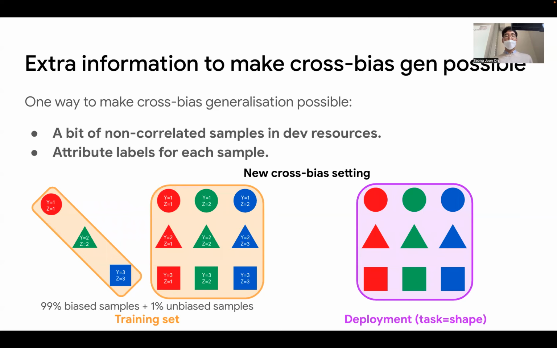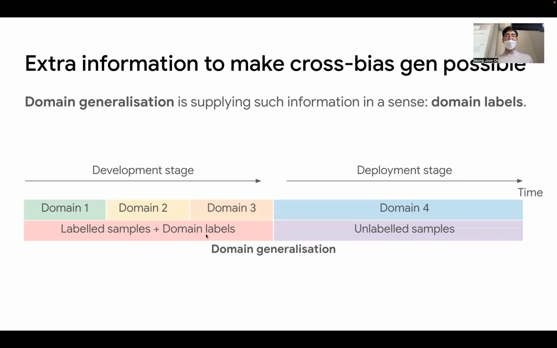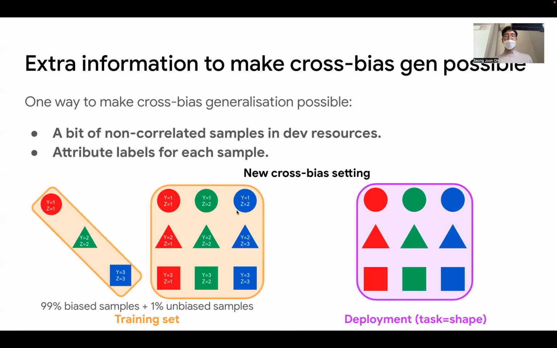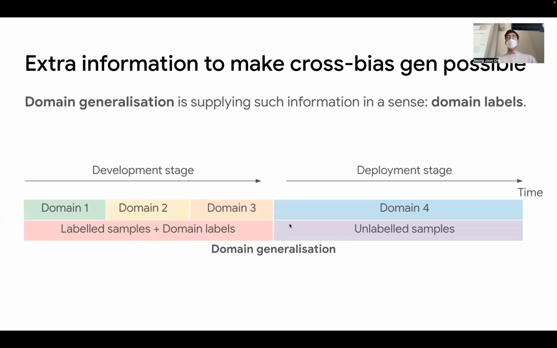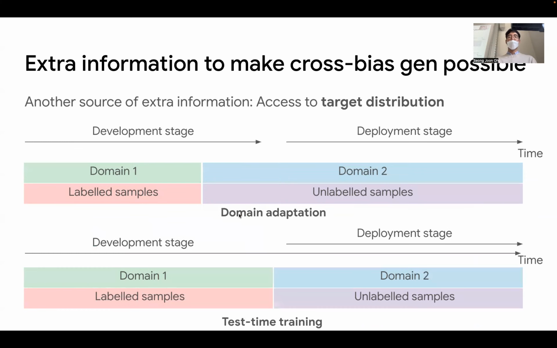But by introducing this domain label, which in this case is Z 1, 2, 3, your problem becomes more solvable. So this is another direction where your problem can be more addressable: introducing unbiased samples and also introducing the domain labels. There are two axes where we can make this more doable.